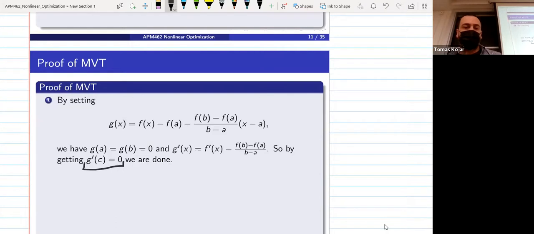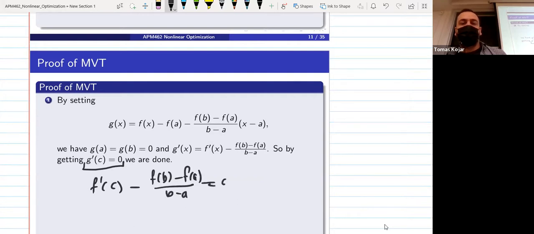Why is that? Because then you get f prime of c minus (f of b minus f of a) over (b minus a) is 0. So then f prime of c is equal to the slope of the secant.